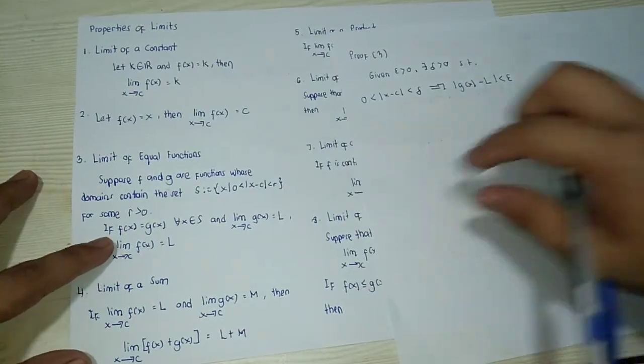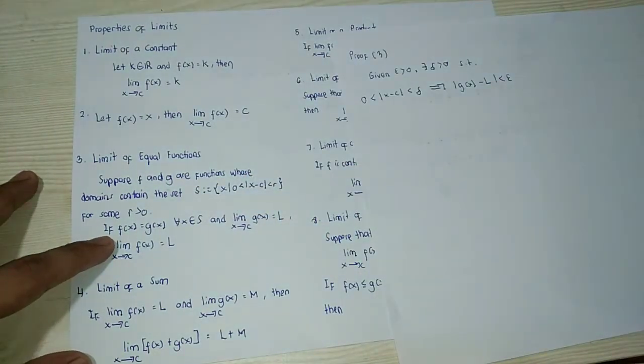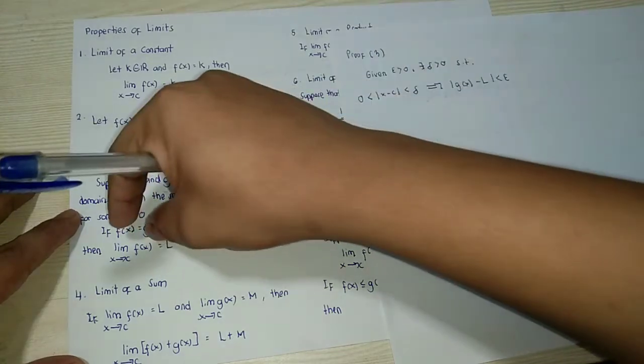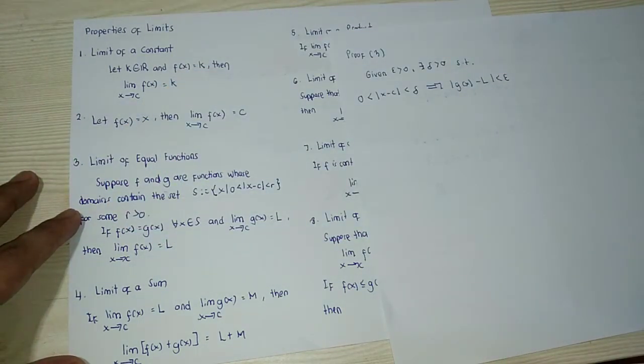Okay, so according kasi sa given, yung limit daw ng g of x as x approaches c is equal to L. So now, kailangan natin mapalabas na yung limit din ng f of x as x approaches c ay L din.